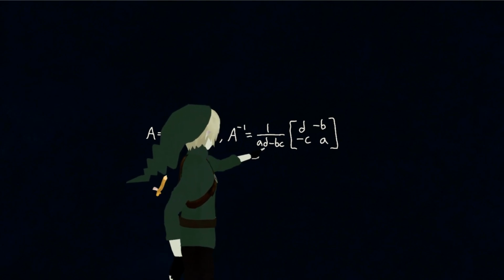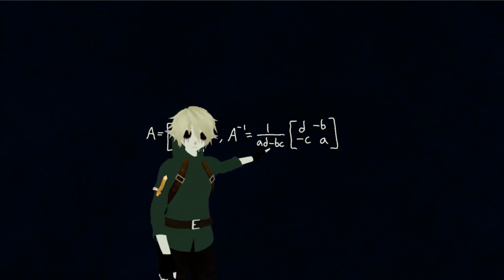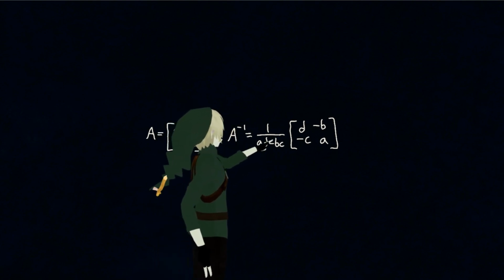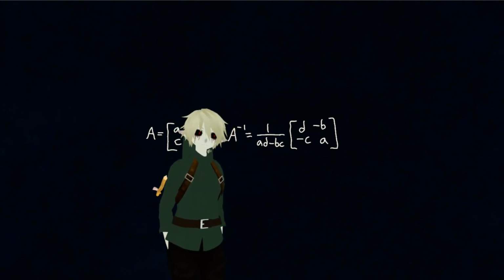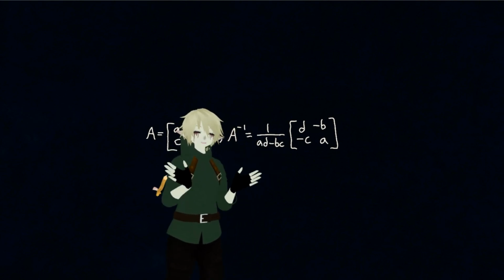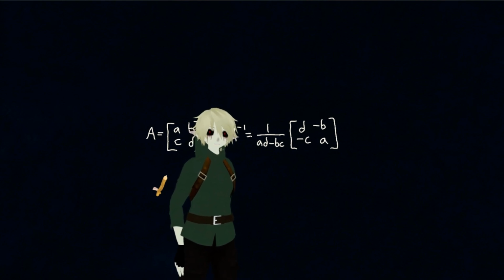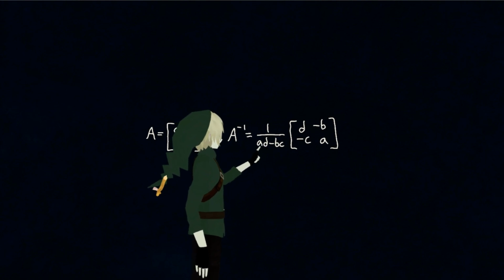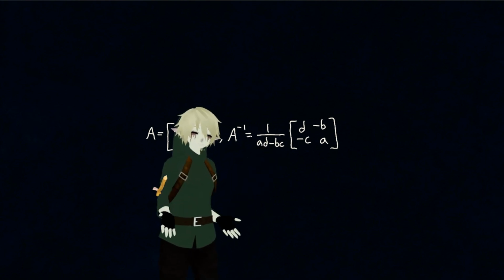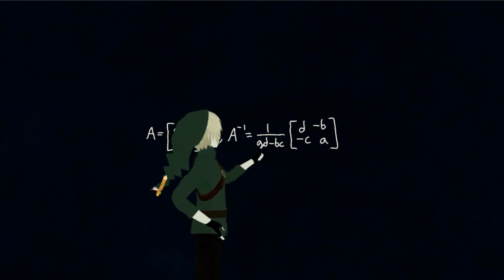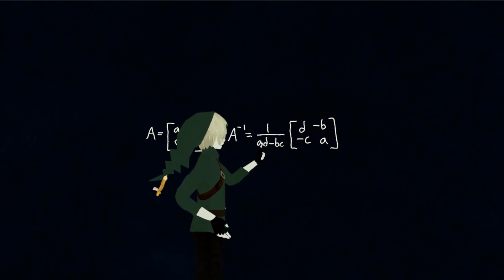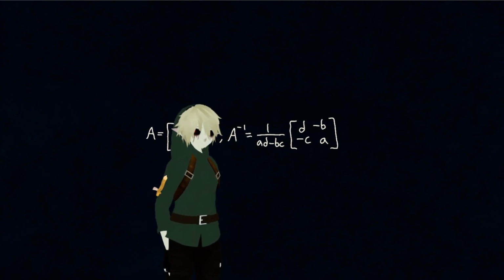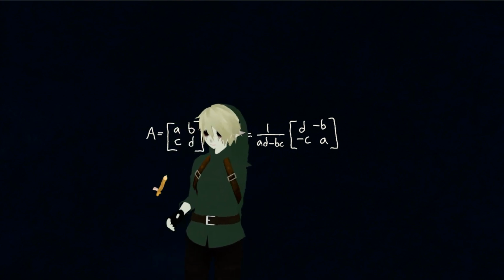If this is equal to 0, the inverse does not exist. That square matrix is not invertible. Whenever this is equal to 0, it does not have an inverse. If it does not equal 0 and actually equals a number, then congrats, you have an inverse.